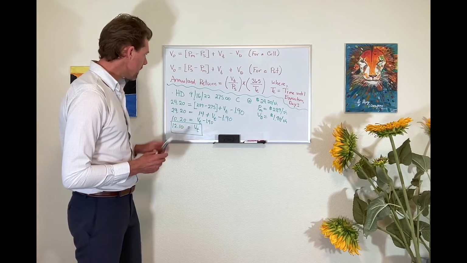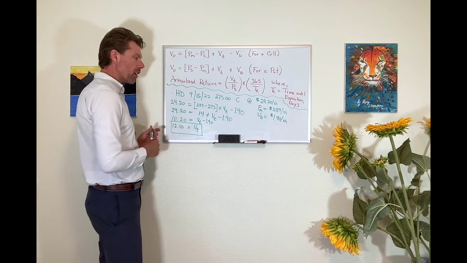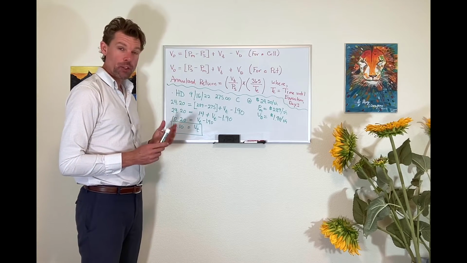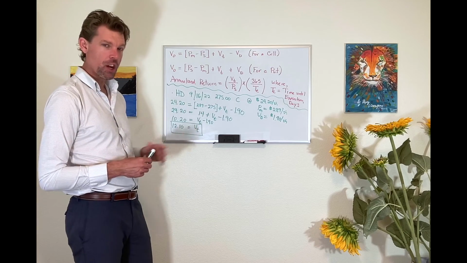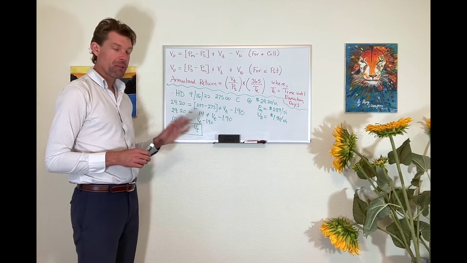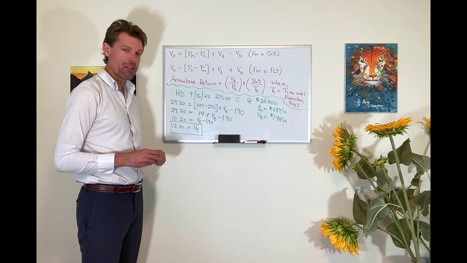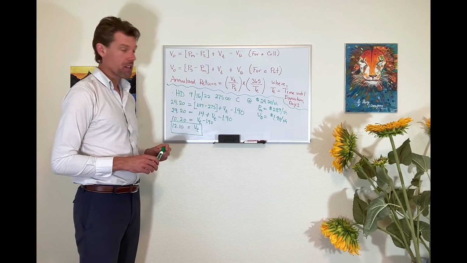Now, let's go ahead and use the annualized return to calculate what the annualized return cost of buying this option is. We know it won't be the same as the last example, even though the time value is the same, because the strike price is different.